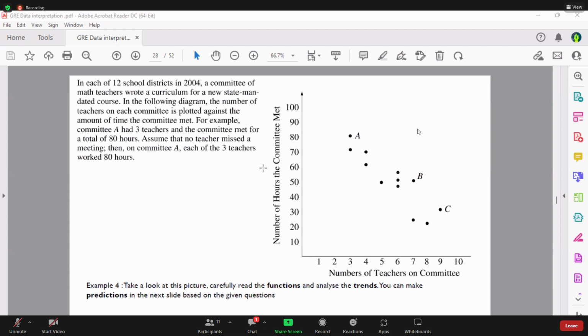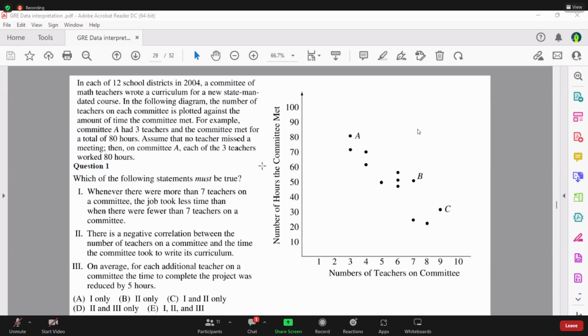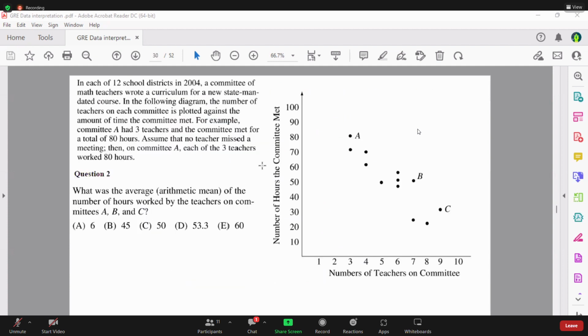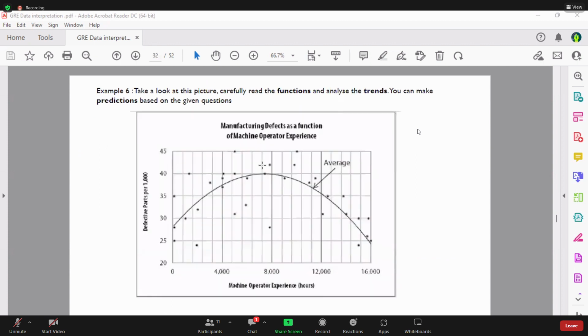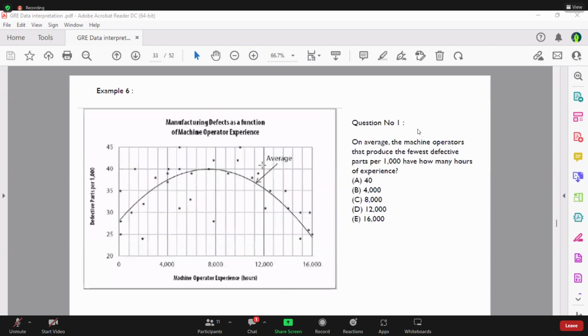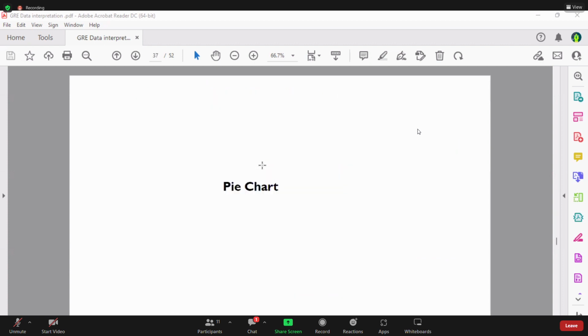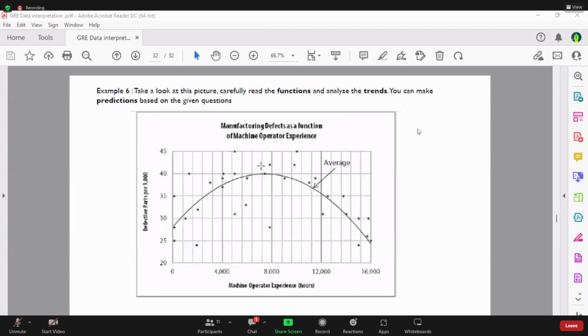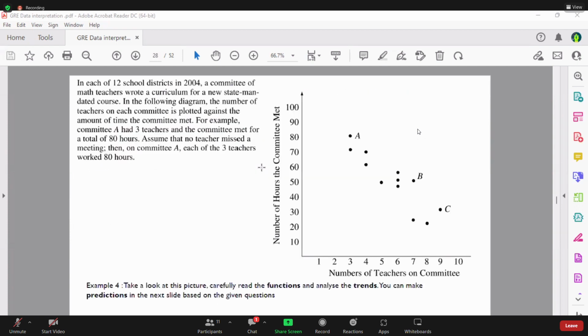Okay, we'll start with this graph. There are 1, 2, 3, only 2 questions actually. Then this has only 1 question to it. Then this one has 1, 2, 3, 4, so 4, 5, 6, 7, 7 questions. I'll give you 15 minutes for this one.